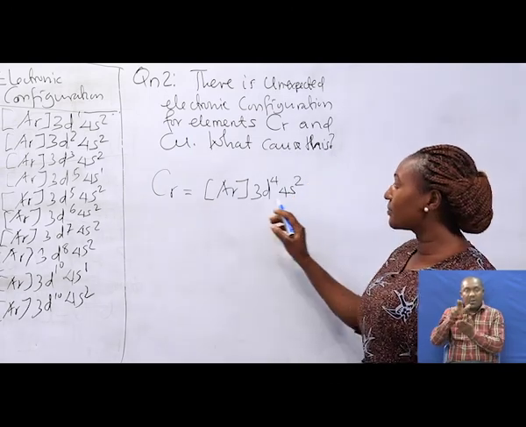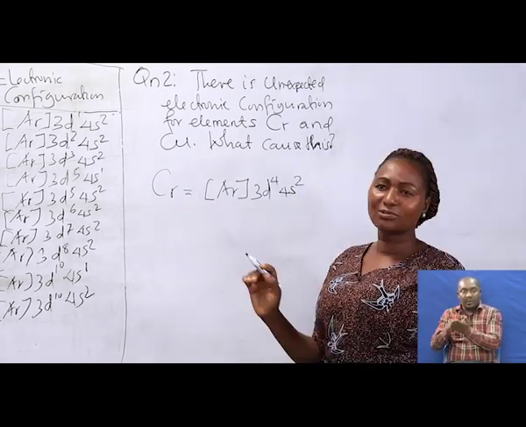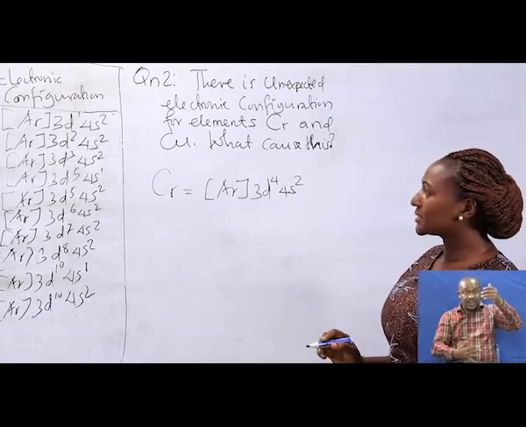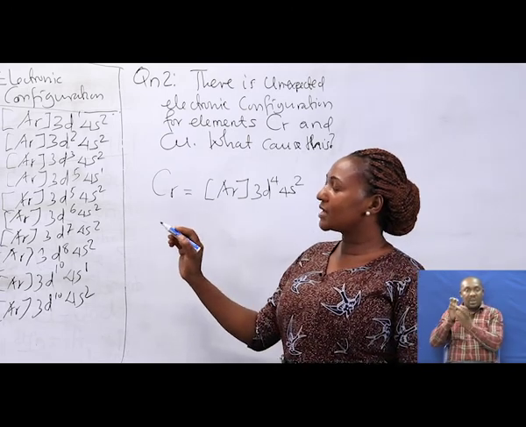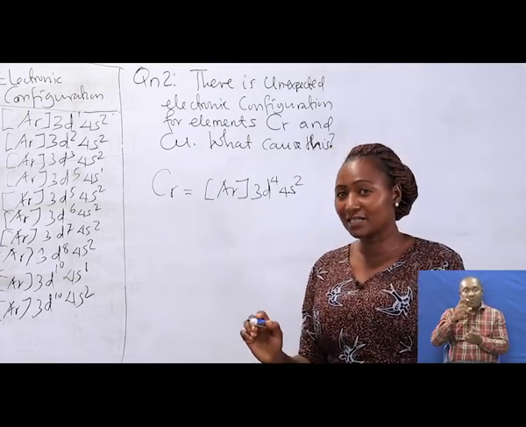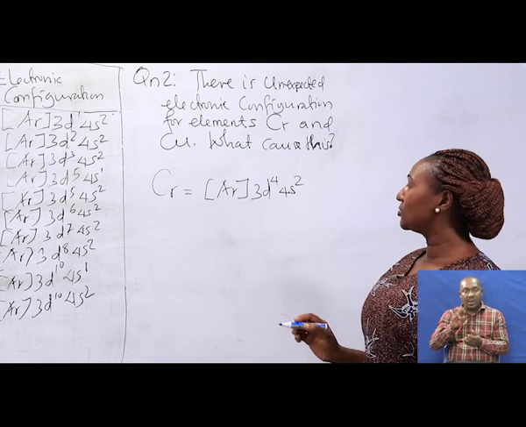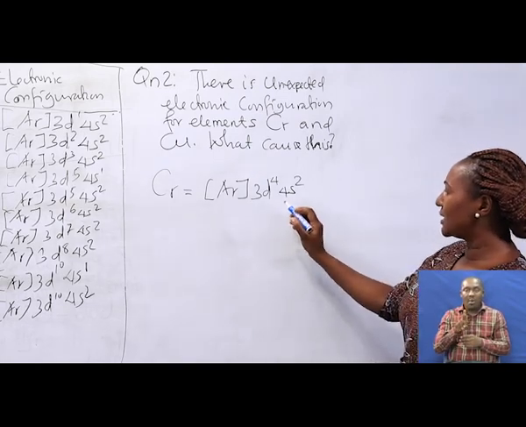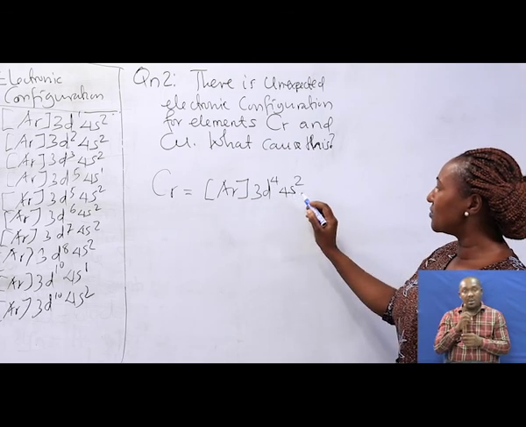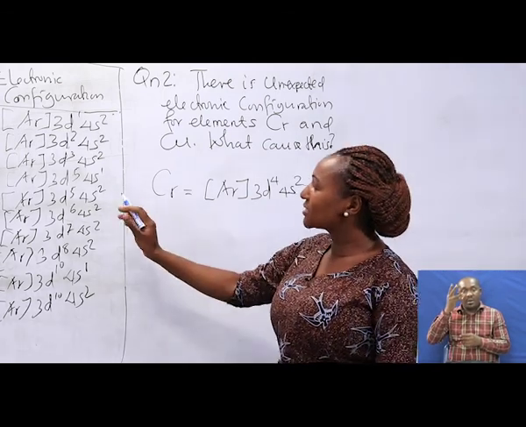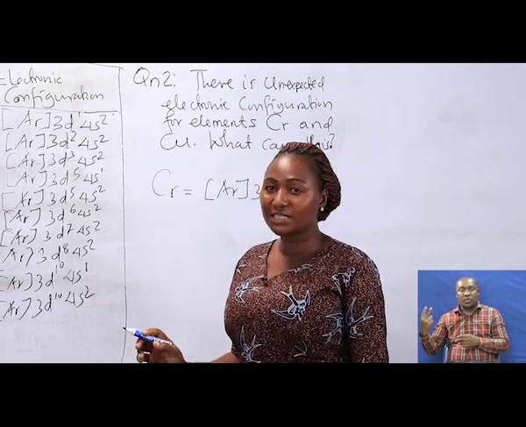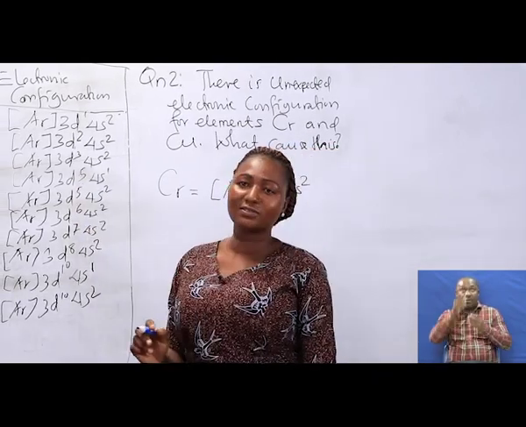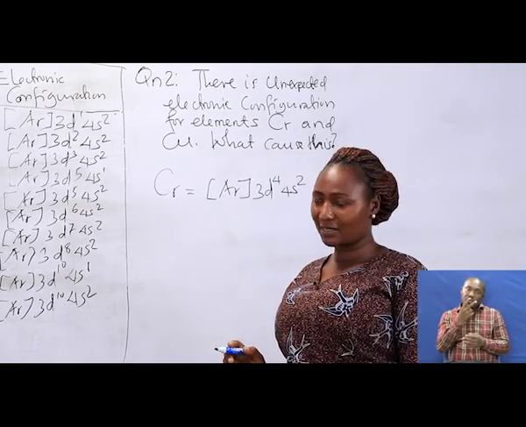Of course, the number of electrons is still 24, because chromium's atomic number is 24. But according to this table, it is written as argon 3d5 and 4s1.